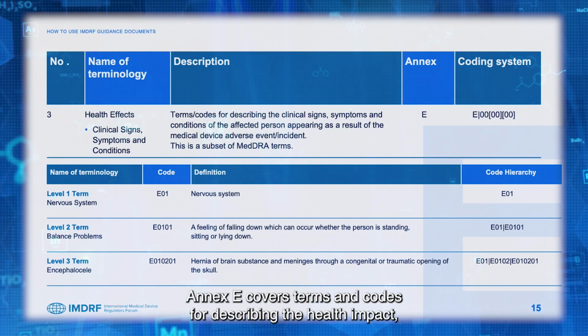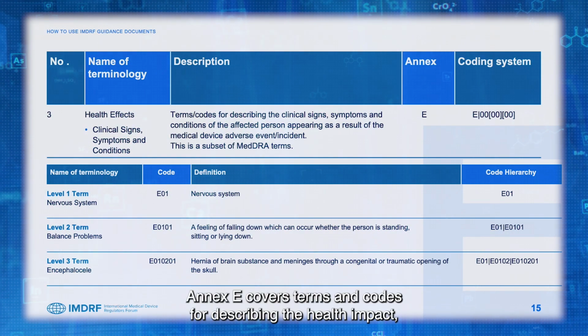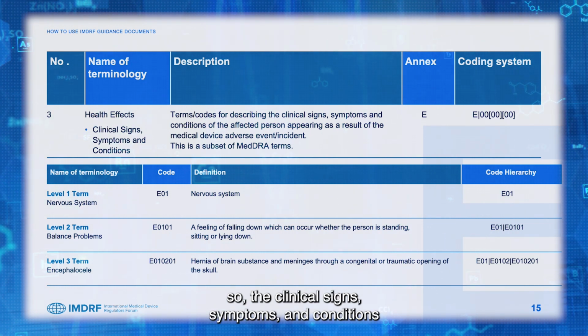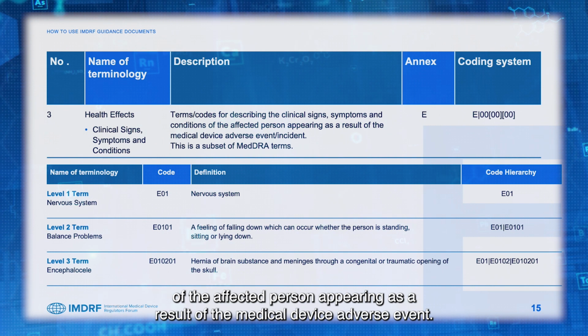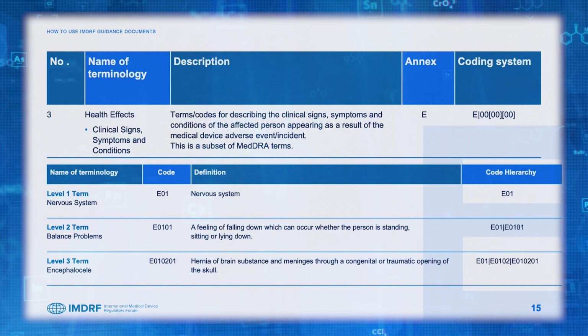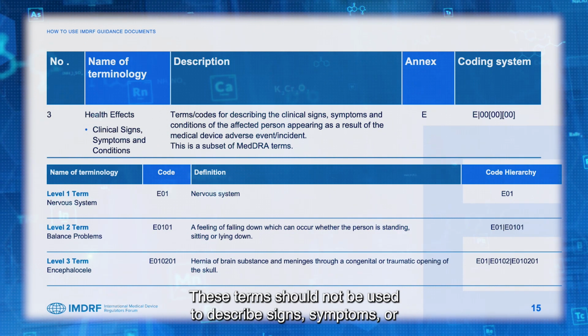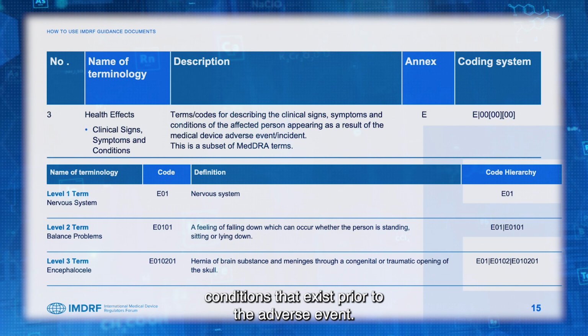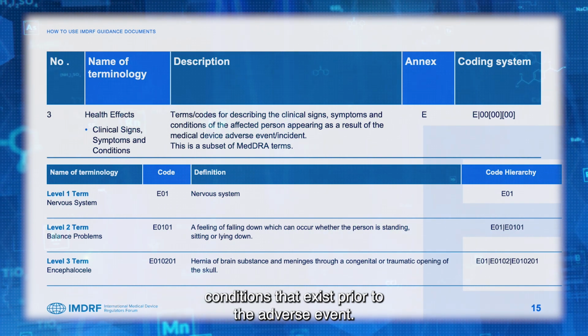Annex E covers terms and codes for describing the health impact, so the clinical signs, symptoms, and conditions of the affected person appearing as a result of the medical device adverse event. These terms should not be used to describe signs, symptoms, or conditions that exist prior to the adverse event.